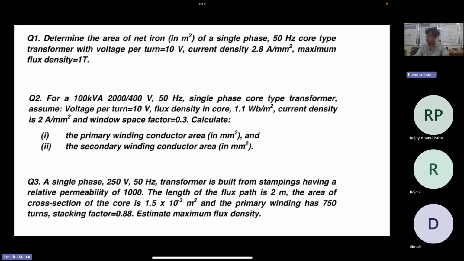So can we calculate the area of iron only? How will we proceed for this problem?